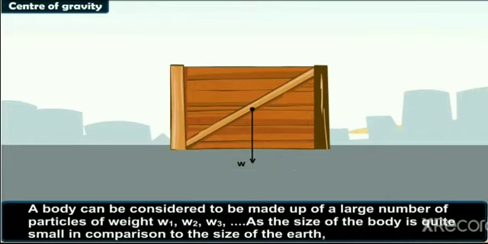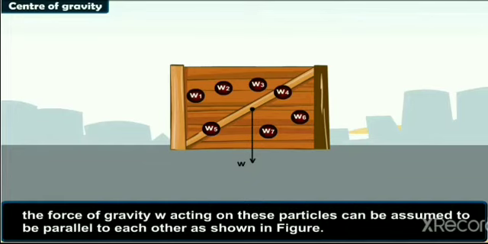A body can be considered to be made up of a large number of particles of weight W1, W2, W3, and so on. As the size of the body is quite small in comparison to the size of the Earth, the force of gravity, W, acting on these particles can be assumed to be parallel to each other as shown in figure.